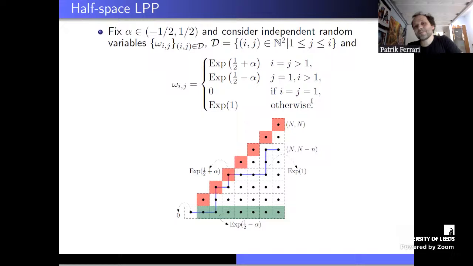So in the LPP, the half space corresponds to the following setting, very similar to before, except that for the stationary half space, you put exponential weights of rate 1/2 plus alpha on the diagonal, not on the vertical line. Otherwise, the definition of the LPP is the same. You look at all the paths starting from this point to the end point that go right and up, and you collect the maximum weight.